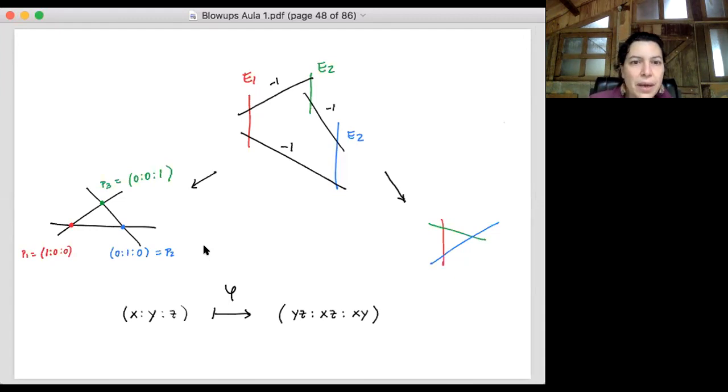Okay, so here, in this case, what we notice is the following: what I drew here, if I started with 3 points, P1, P2, and P3, I blew up, I got to my surface S. And there, I have 2 different ways of realizing my surface as a blow up of P2 in 3 points. The original one that I gave you, and the second one is given by the contraction of the strict transforms of the lines.